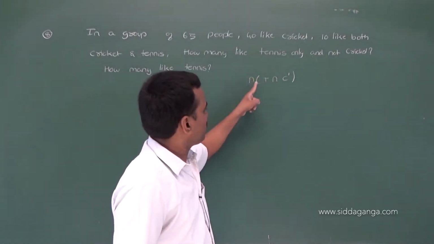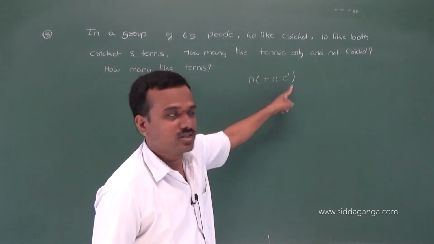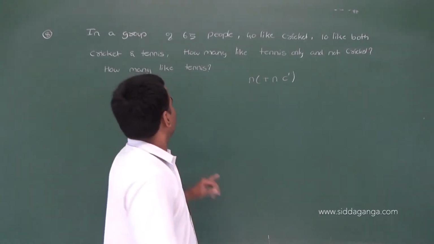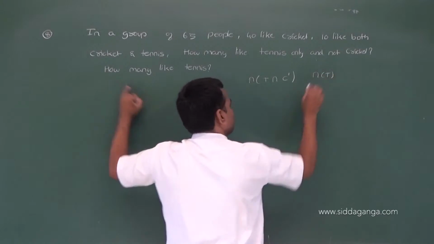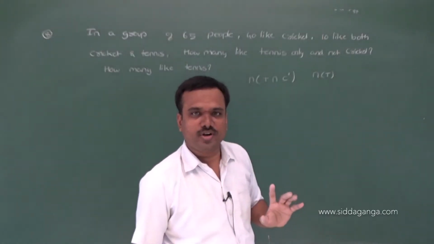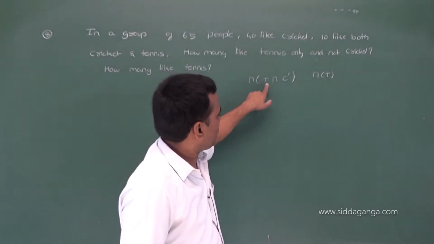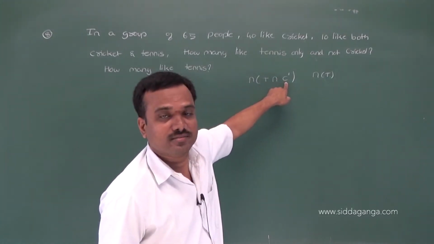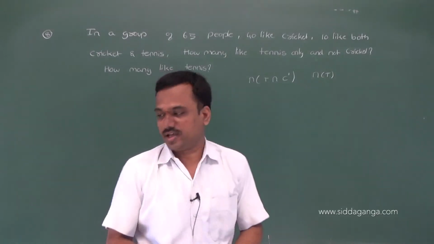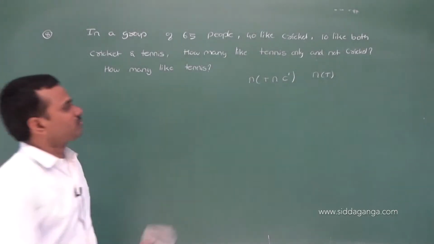Here we find n of T intersection C dash. We will see how to find. And one more, we have to find out n of T. They like only tennis and not cricket. We will see this one.